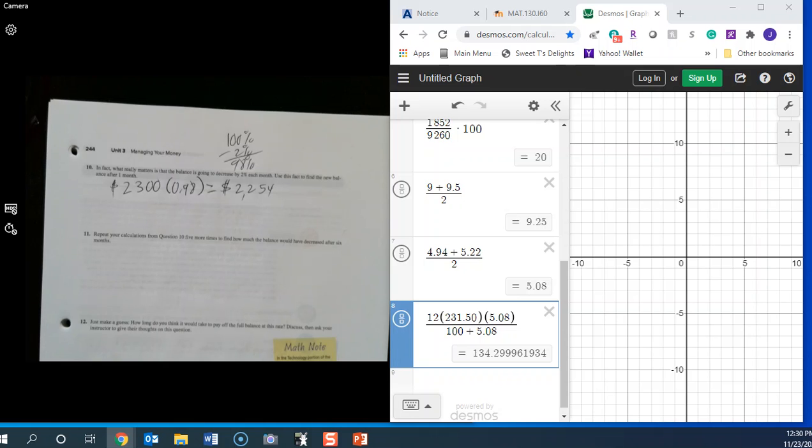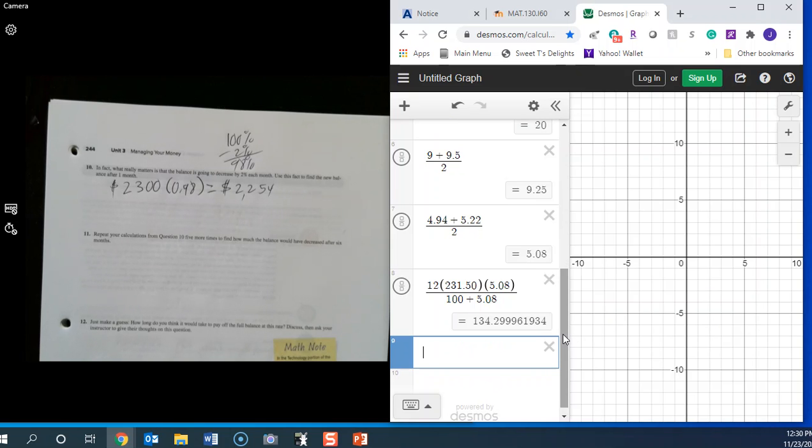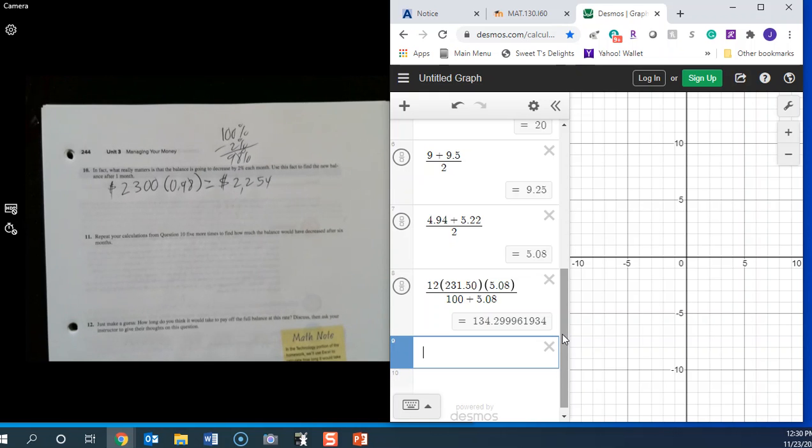Now it says here, repeat your calculation from question 10 5 more times to find how much the balance would have decreased after 6 months. Now listen, I don't believe in reinventing the wheel. So what I want to do is utilize what we learned in the previous lessons, so we don't have to write all of this out like we normally would.